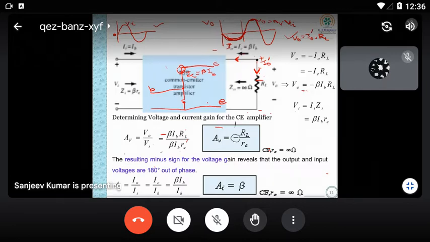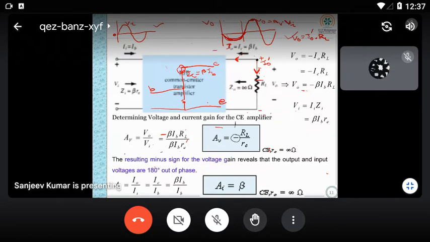With a two-stage amplifier, the gain is multiplied and the output will be in the same phase as the input, because in the second stage there is also a phase inversion. So 180 degree plus 180 degree is equal to 360 degree. So it will be a replica of your input signal, but with magnitude AV1 into AV2 into your input.